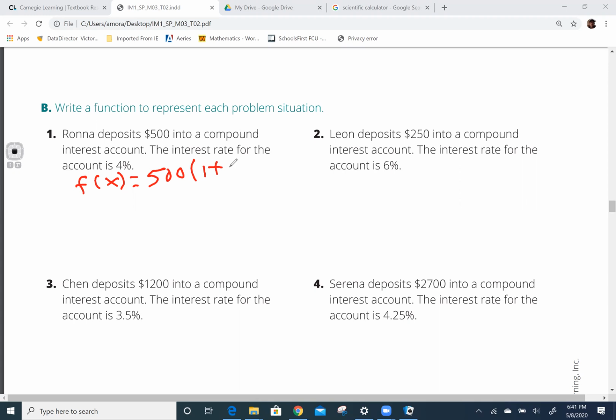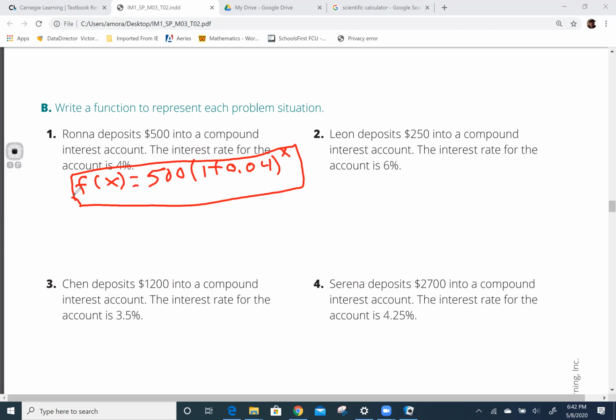It should give you 0.04. Okay, raised to the x power. Okay, and this is your answer. This is how I want you guys to write it down if I decide to go on the Google Forms and set it up like this. f of x equals 500, parentheses, 1 plus 0.04 to the x power.